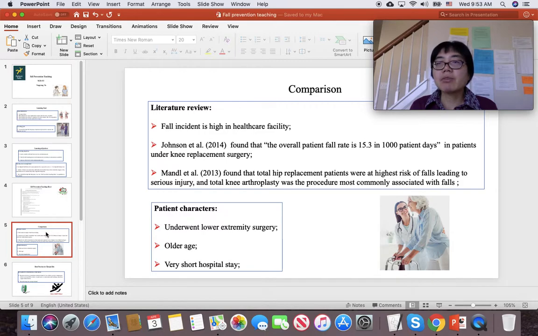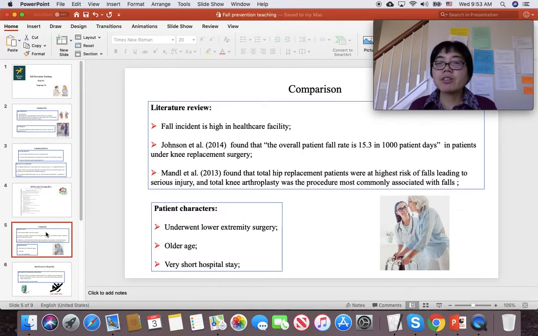I also did some research about surgery patients, especially patients under joint replacement surgery. One research found that the overall patient fall rate is around 15 in 1,000 patient days in the patient group who had total knee replacement surgery.